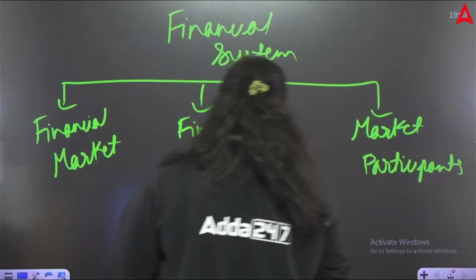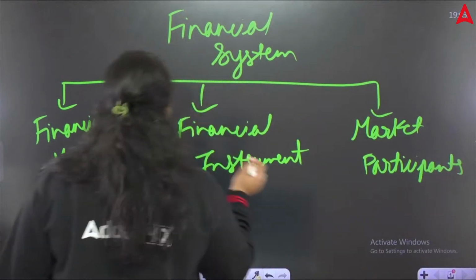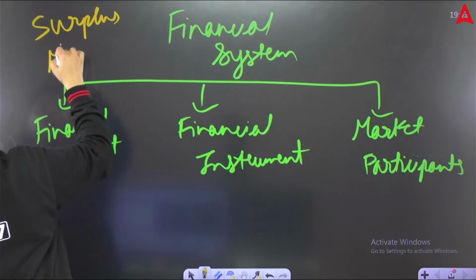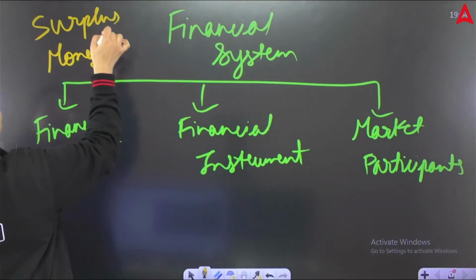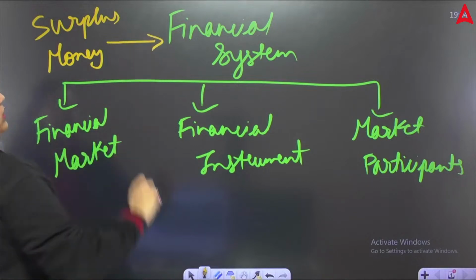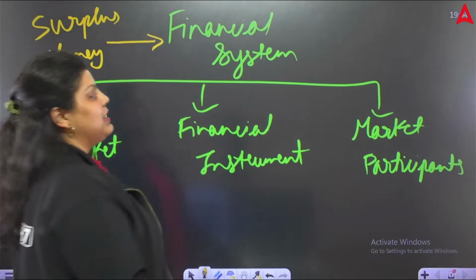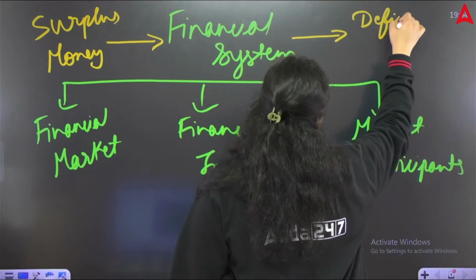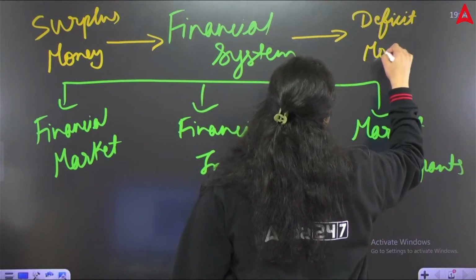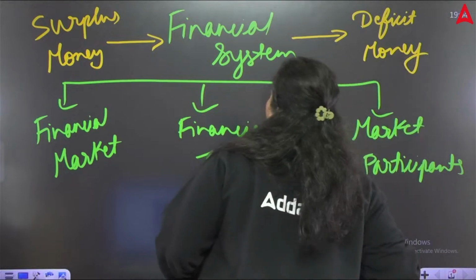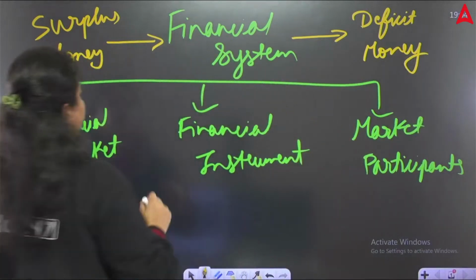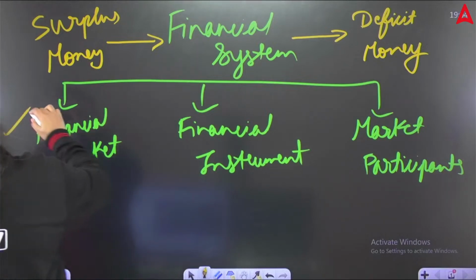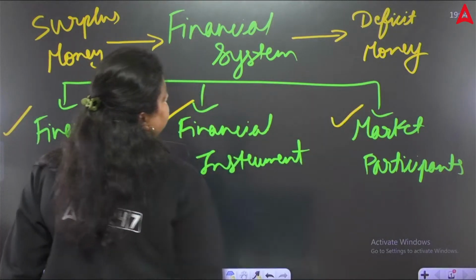On the one side, you will have people who have surplus money. The surplus money people will go to the financial system and make sure that this money reaches the persons who have deficit of money. To complete this exchange of funds, we use the components of the financial system: financial market, financial instrument, and market participants.